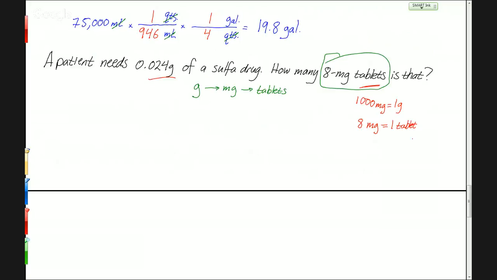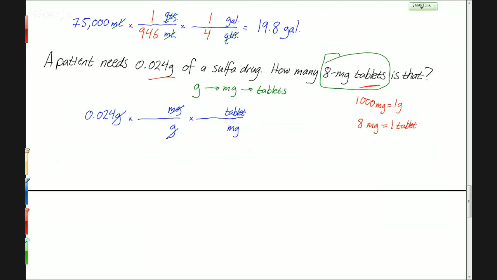So that's one way of thinking about this. Then when we write down our expression, we can use those. So we're starting with 0.024 grams. Then we're going to go from grams to milligrams, and then from milligrams to tablets.